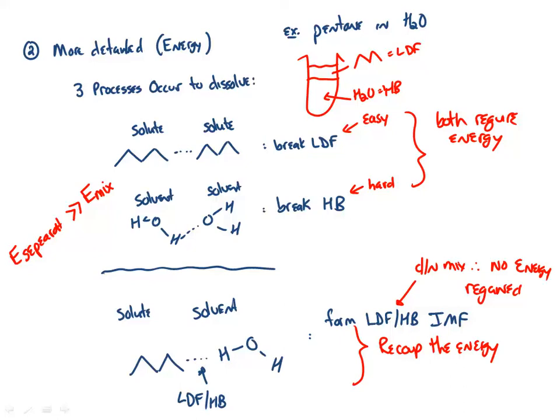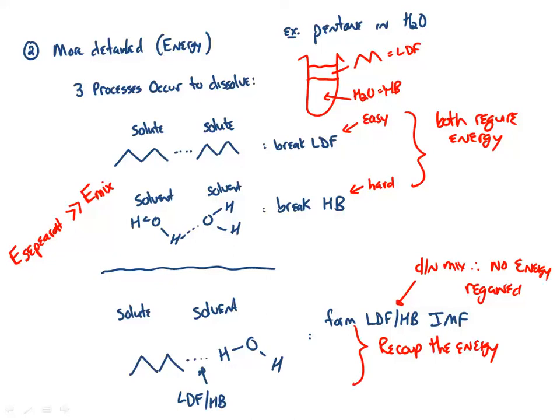Because there's no reason that a hydrogen bond would prefer to be next to something that is capable of doing London dispersion forces. Positive and negatives want to be by positive and negatives. Things that are neutral want to be by things that are neutral. I'd argue it's even more a case of the water just doesn't like the hexane. The hexane probably doesn't care one way or the other.